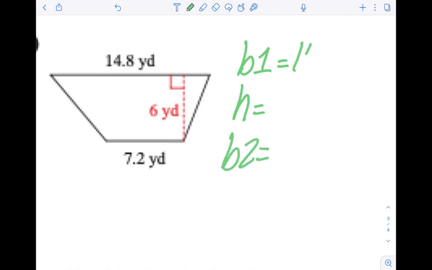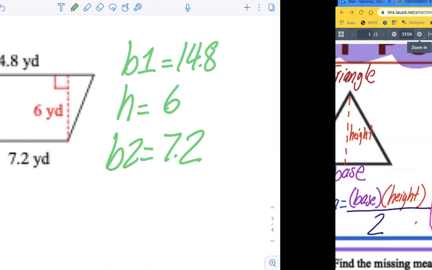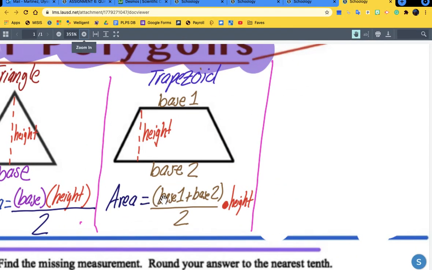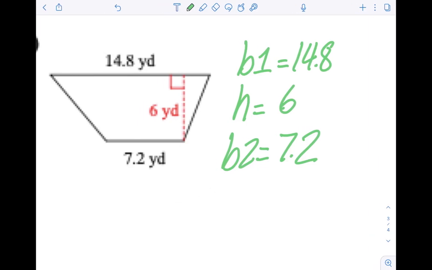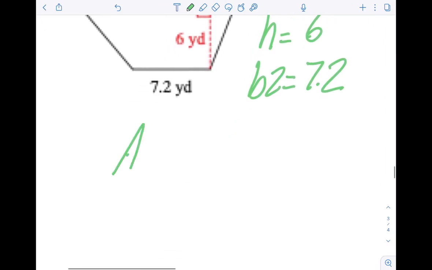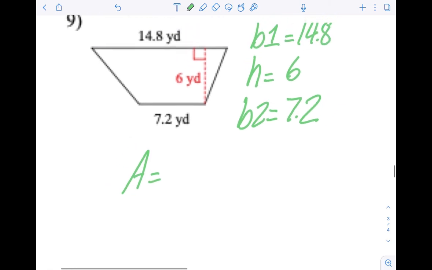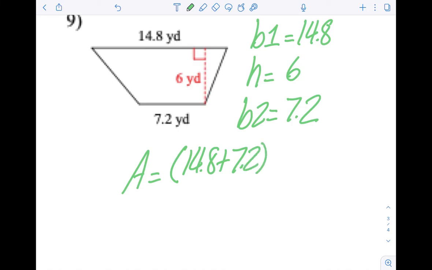Base 1 is 14.8. Height is 6. Base 2 is 7.2. Our formula says base 1 plus base 2 divided by 2 times height. Okay? Area is equal to base 1 plus base 2 divided by 2 times the height.